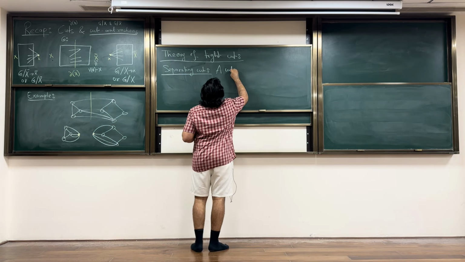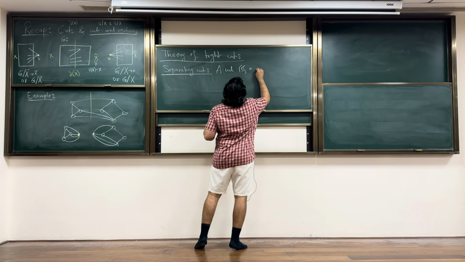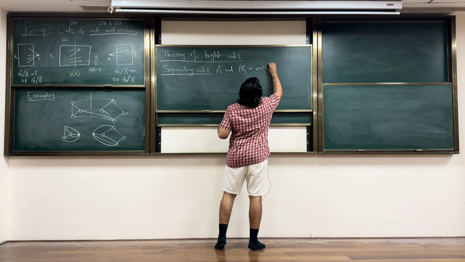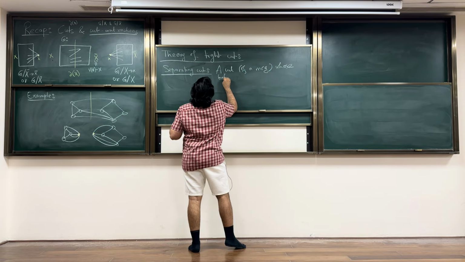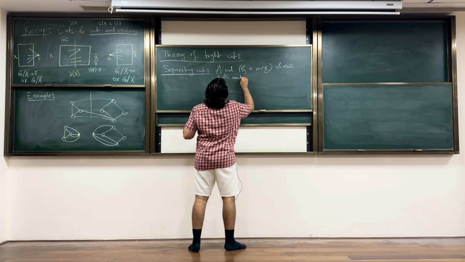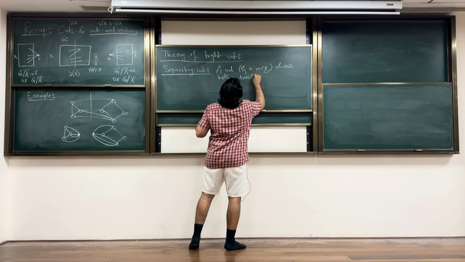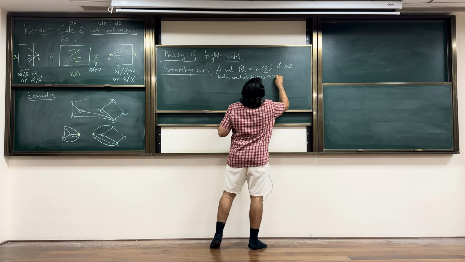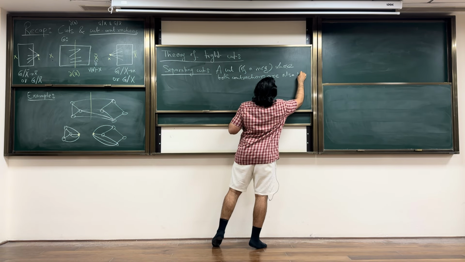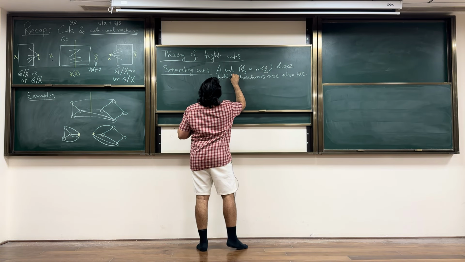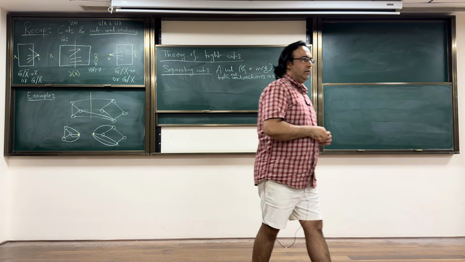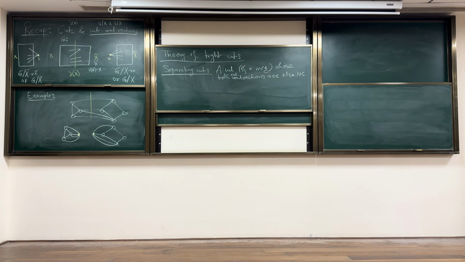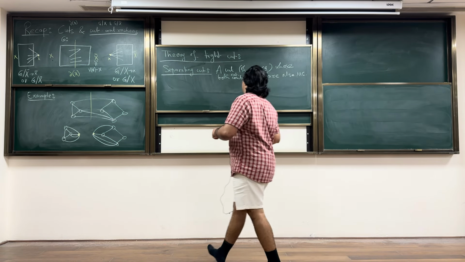This is a cut of a matching covered graph whose both contractions are also matching covered. Maybe I should say whose both cut contractions, do not confuse with the usual contraction in a graph.